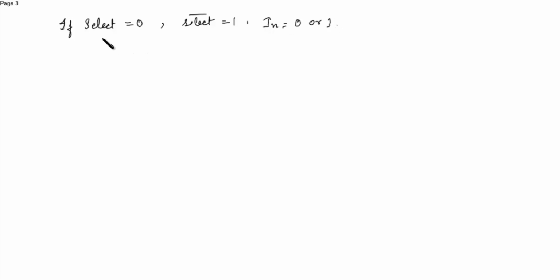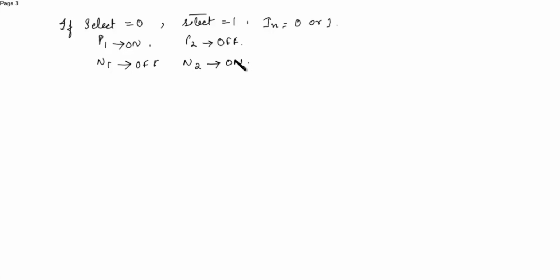So when select is 0, then P1 will turn on, then P2 will turn off, and N1 will turn off and N2 will turn on.